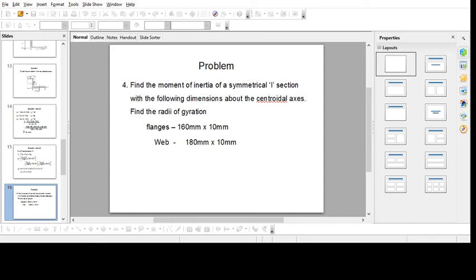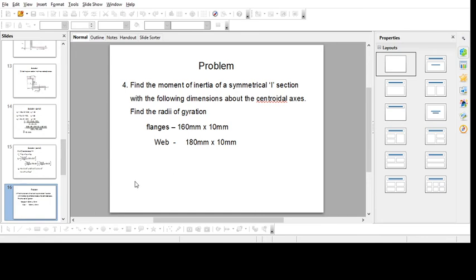Now I am taking the web as the second section. For this second section, its width is 10 and its height is 180. Now x2: 10 by 2 is 5, but it is at a distance from the y-axis line.